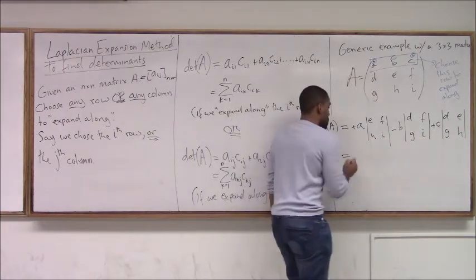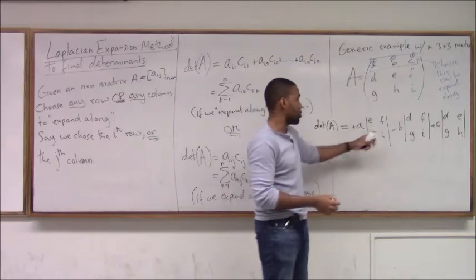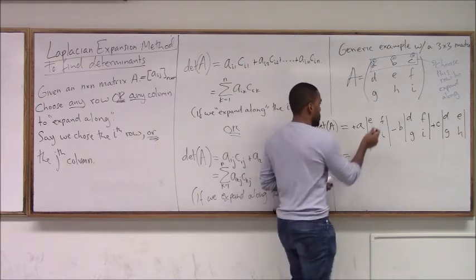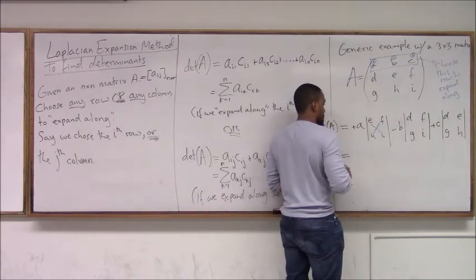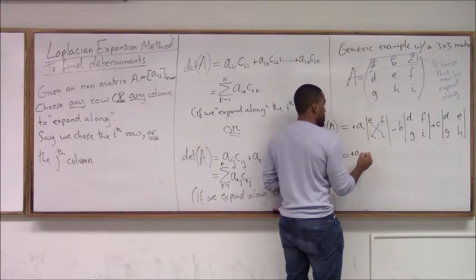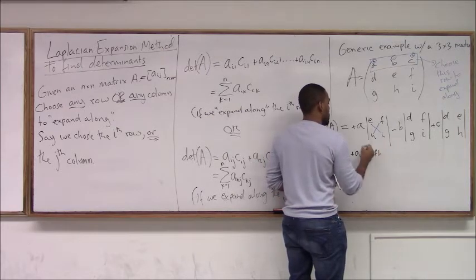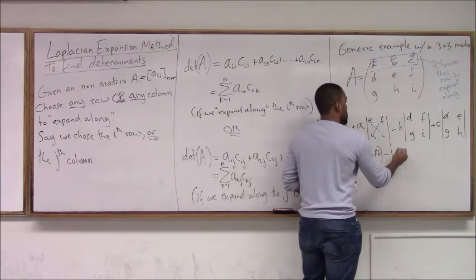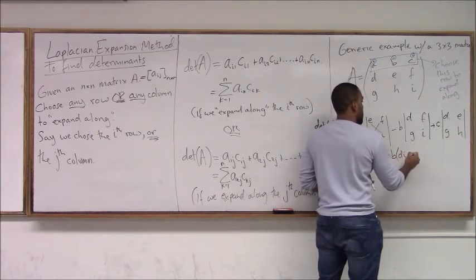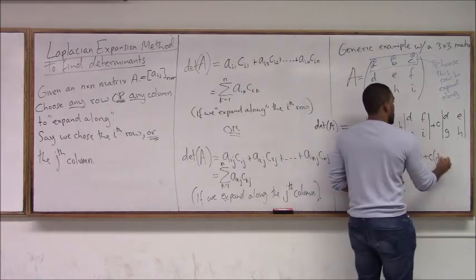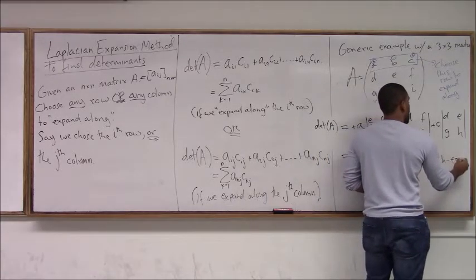And I can then break this down even further, right? Because we actually know how to find the determinants of 2 by 2s. So I would multiply this by this times that by that. So this ends up being plus A times (EI minus FH) minus B times (DI minus FG) plus C times (DH minus EG).